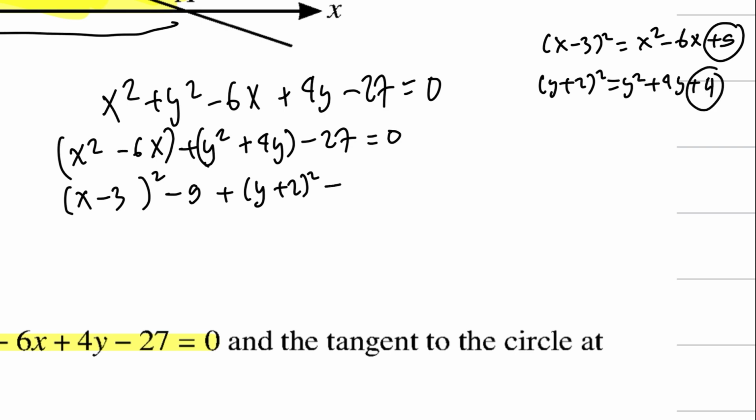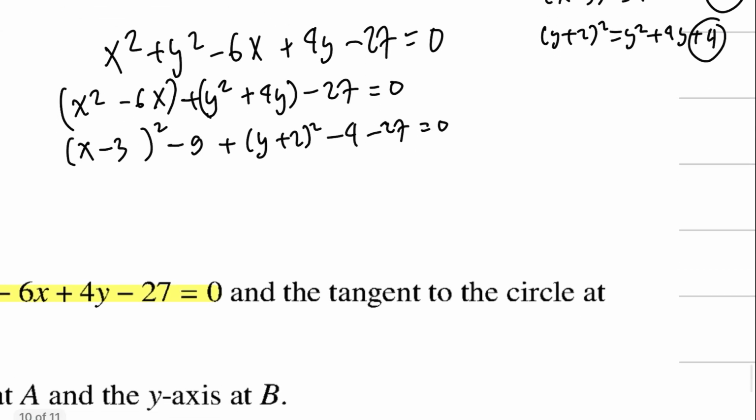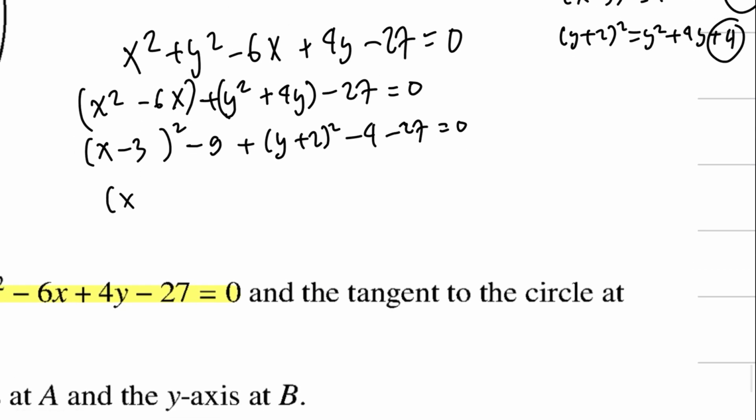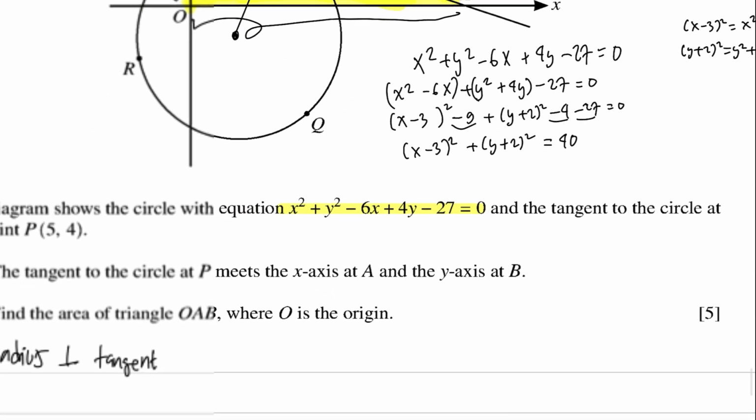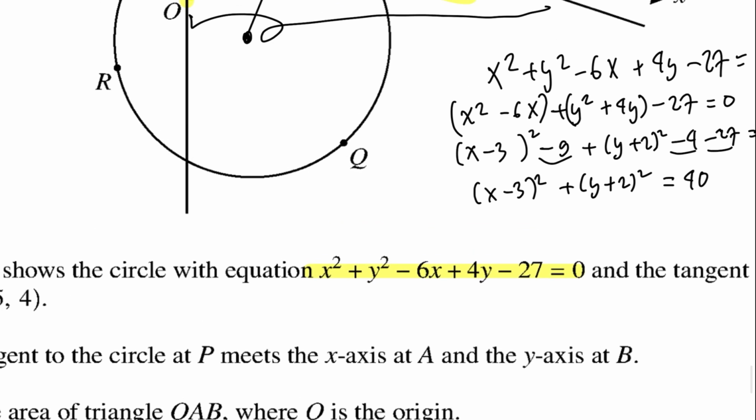So we need to subtract 4. And then minus 27 equals 0. So we have x minus 3 squared plus y plus 2 squared minus 9 minus 4 minus 27 is minus 40. Yeah, minus 40. And we move it to the right, becomes 40. So from here, we get the center is 3, minus 2.